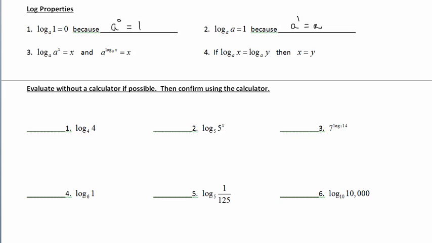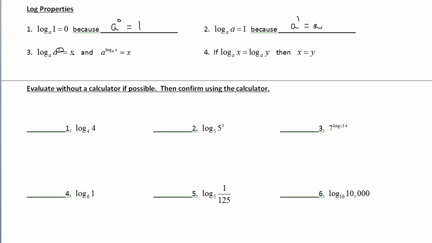All right, property 3. It says that if I have a log with base a, but then I have an expression in here that has the same base to an exponent of x, if I have an exponential in here, these two bases basically are undoing each other. So a log with base a undoes an exponential with base a, and I'm going to get an answer that's equivalent to whatever that is right there.